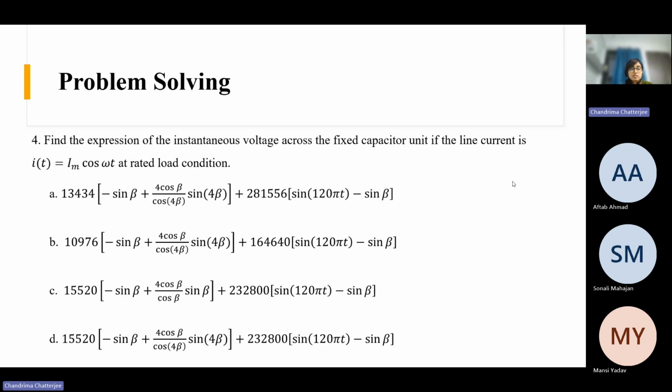So next, find the expression of the instantaneous voltage across the fixed capacitor unit if the line current is again Im cos omega t at rated load condition.